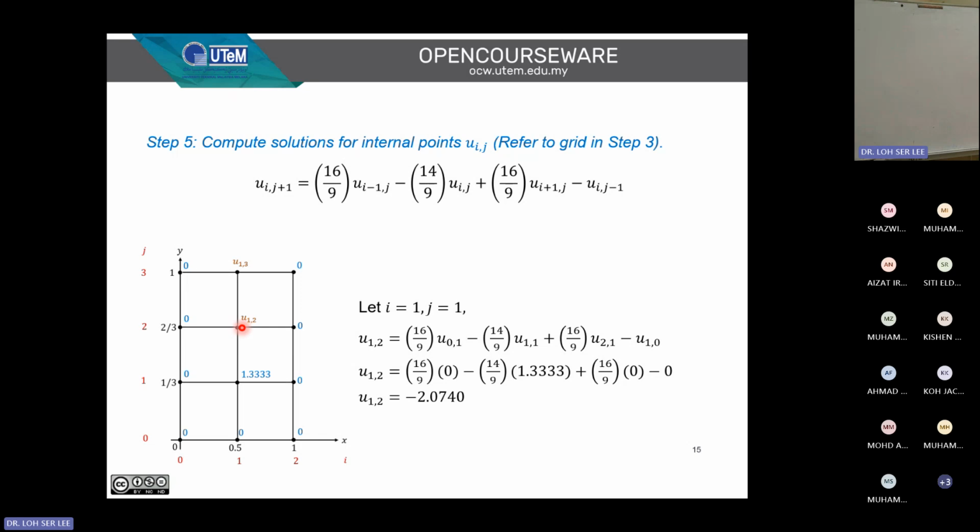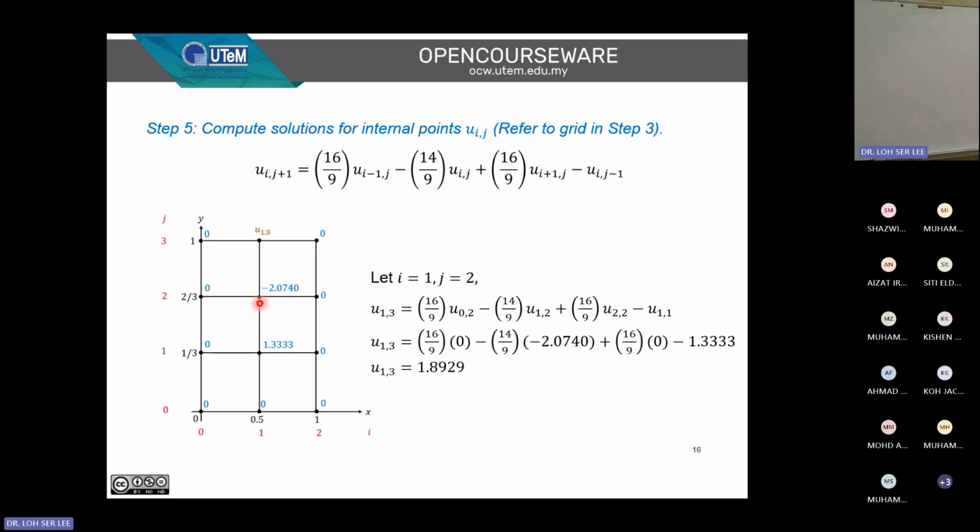Once you obtain your u12, update into your grid and find for the next u13. So when you want to find for u13, this 1, 2, 3, 4, 4 u's referring to 1, 2, 3, 4, you just substitute them directly into the formula, then you will get u13. So only the first iteration, you need the second formula.